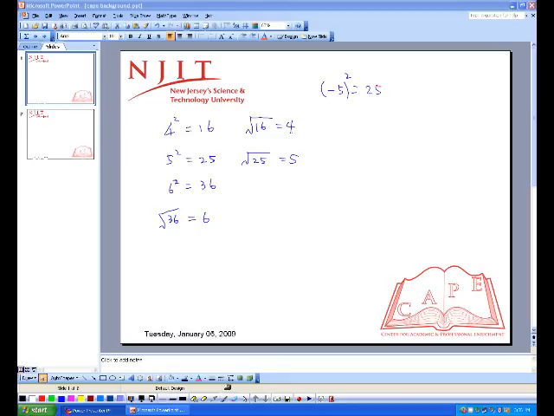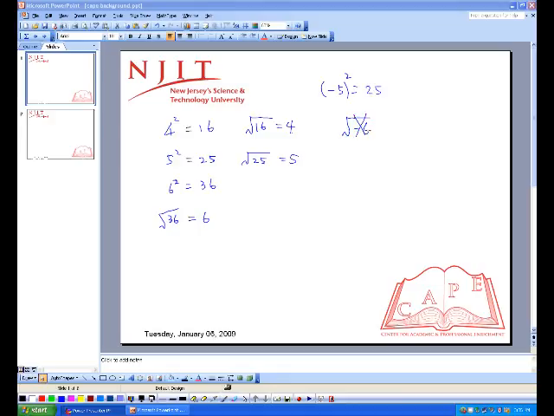They become positive. So there's no way after you have a square, you will have a negative number. That will mean there's no such thing as a square root of negative 6, let's say, at least not in the real number system. So this would not exist.